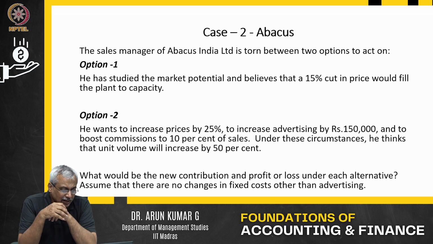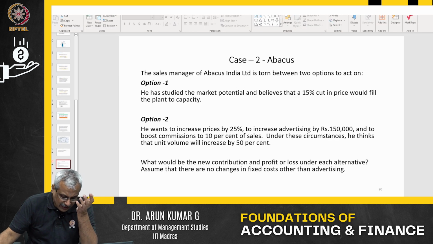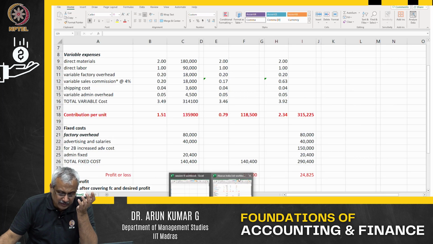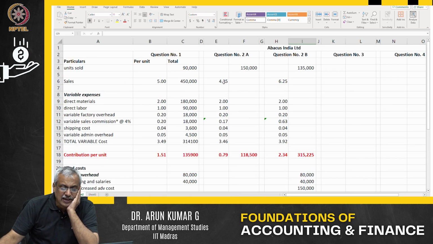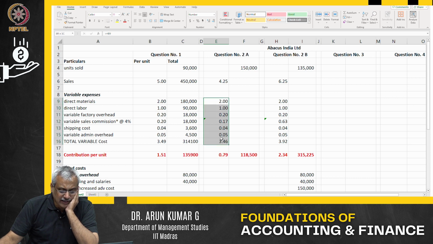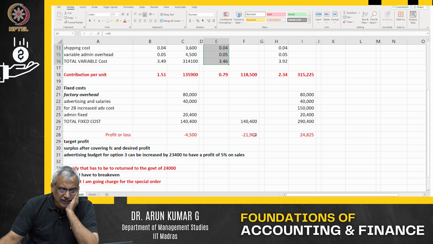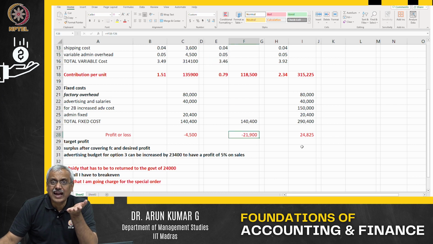Under option 2B, we said increase the price by 25%, as well as increase the ad budget by 1,50,000, and see if you are profitable or not. We calculated that in this case. In 2A, I have decreased the price by 15%, that is to 4.25, and I kept all these costs and tried to see whether I make a profit or loss.